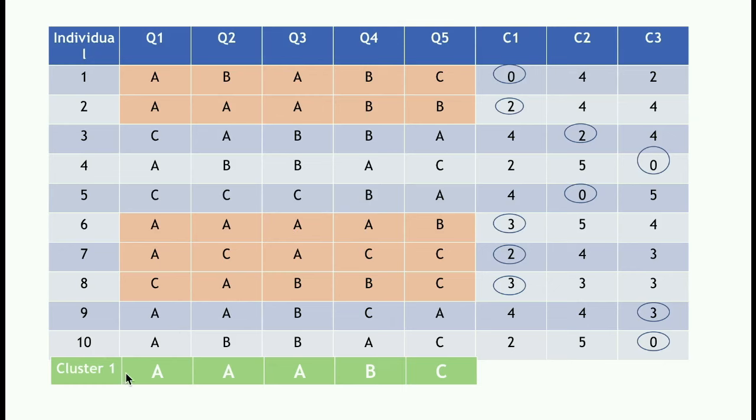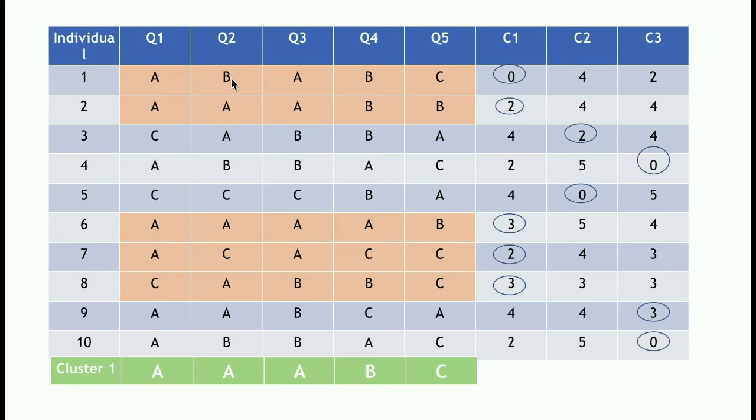For cluster 1, these are the values that I came up with, and I'll show you how I did that. For question 1, cluster 1, for these 5 individuals, the most common response is A. You can see there's 4 A's and 1 C. So therefore, the mode for question 1 will be A, and therefore cluster 1, question 1 would be response A.